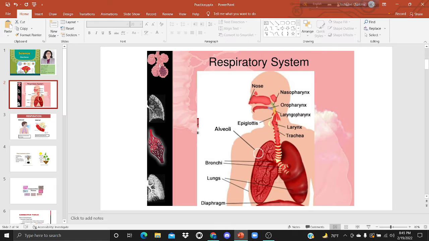In this process, exchange of oxygen and carbon dioxide occurs between the lungs and capillary vessels. External respiration is composed of two steps: inhalation and exhalation. Inhalation: we take in oxygenated air from the atmosphere.